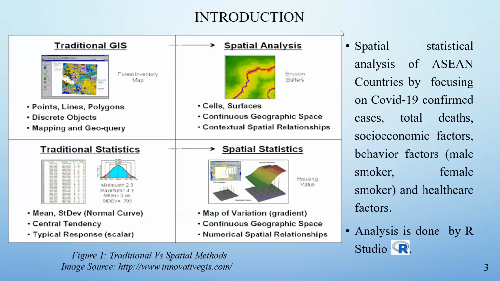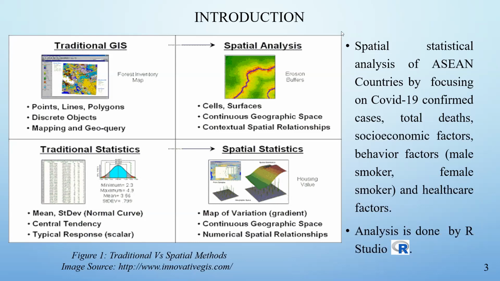If you're wondering what spatial analysis is versus traditional analysis: spatial analysis works on raster format, while traditional analysis works on points, lines, and polygons. Spatial analysis considers the location of the attributes we are analyzing, but traditional GIS does not.